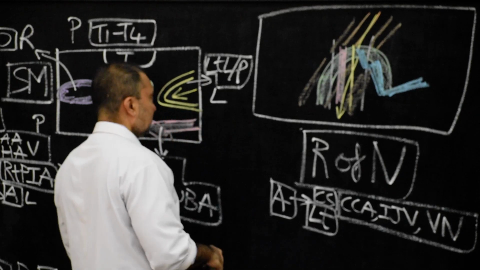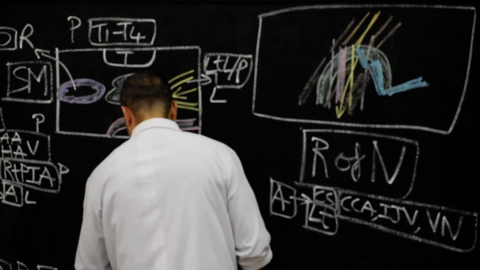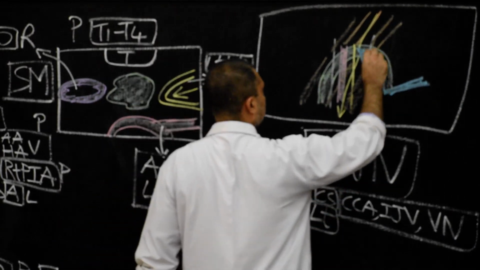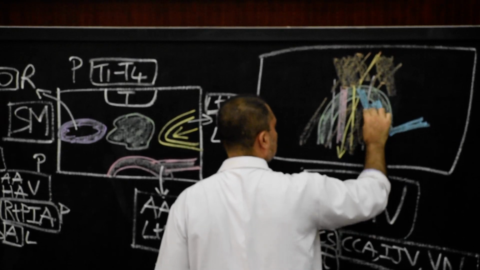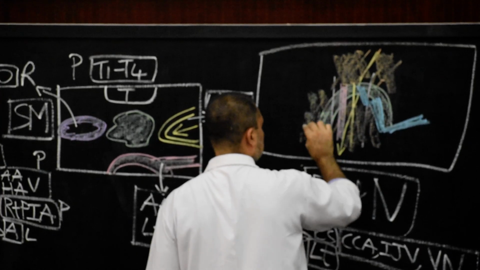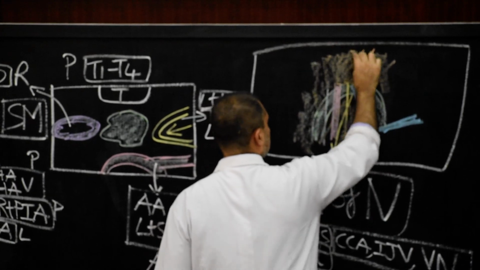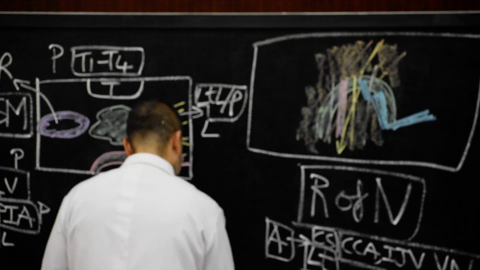Both the structures, the left scalenus anterior muscle and the left phrenic nerve, are covered by prevertebral fascia. So this is how we will draw the entire scalenus anterior muscle. We will cover this, and above that the left phrenic nerve.